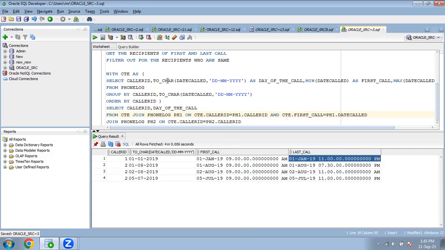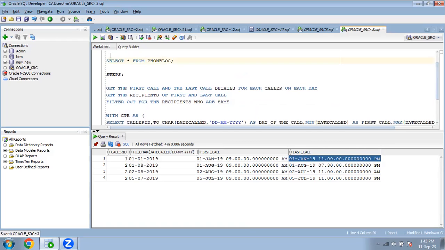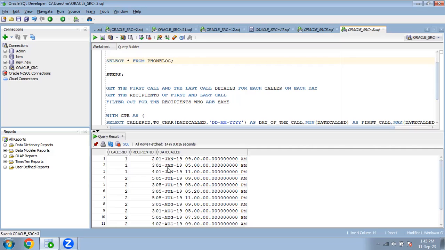What I mean to say is, this first call and this caller ID are matching with which caller ID? The first caller. I want to know who is that recipient.